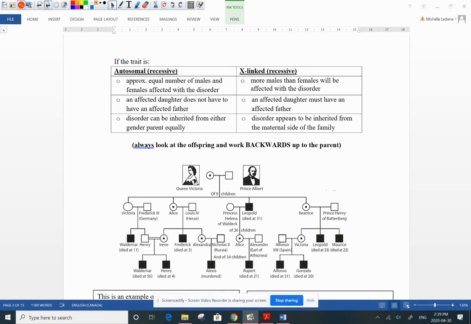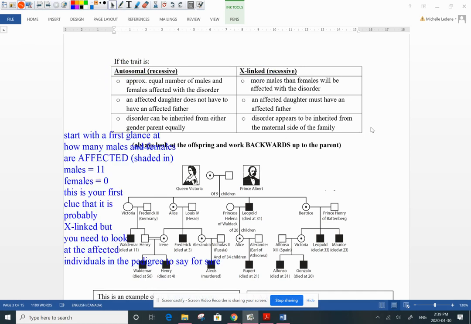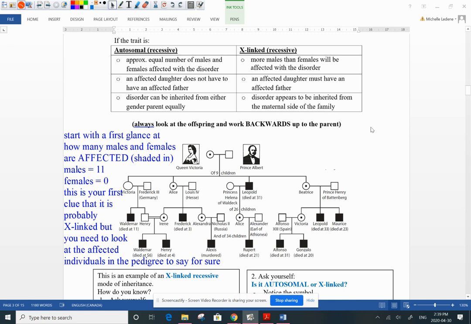Now, again, that's not your best reasoning. That's your first glance. So you start by looking at the pedigree and counting up how many males and females are affected, shaded in. So looking at this one, again, start with the offspring and we're working backwards up to the parents. Is there a fair amount of people affected?